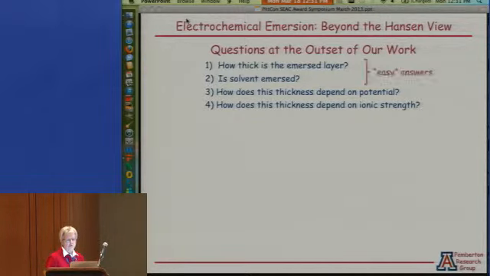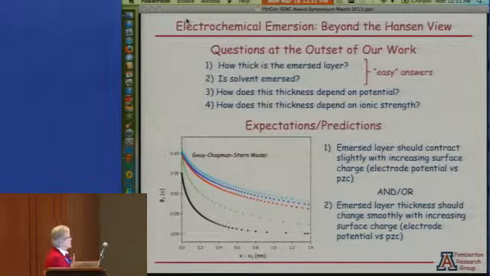Well, answering the first two questions was more or less easy. These are not easy experiments because you're looking at very thin films, but in terms of actually getting data to answer these, we did it relatively straightforwardly. The things that were much more difficult to answer and then explain were questions 3 and 4, about how the thickness depends on potential and ionic strength.